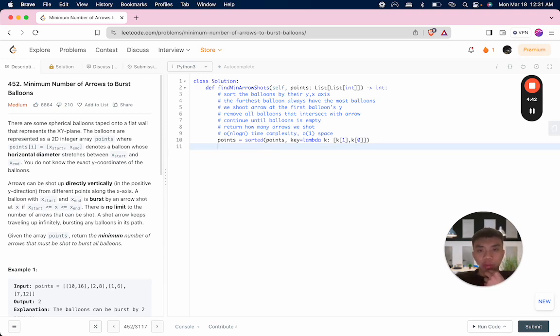So we shoot an arrow at the first balloon's y. Points, so we have to shoot an arrow at the first balloon's y.